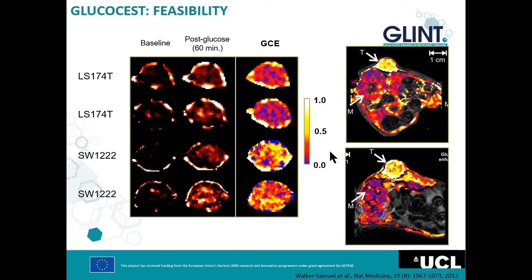So then we had these two different animal models of colorectal carcinoma, a traditional flank model in nude mice. You see the tumor here and the surrounding tissue, and if you measure the signal at baseline and after injection of glucose, the difference between the two lights up the tumor and not the surrounding tissue.